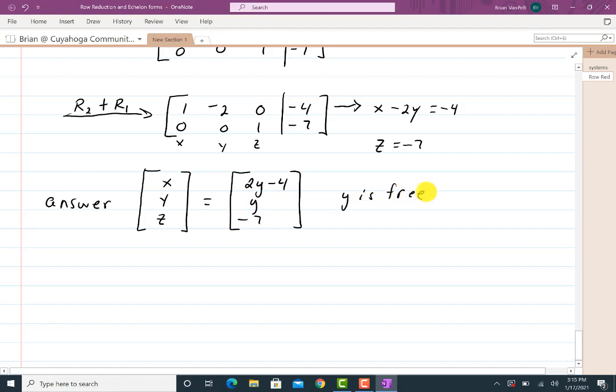Here's one particular way that I could have written an answer here. You can see that y is a free variable if I went and solved the equation above for x.